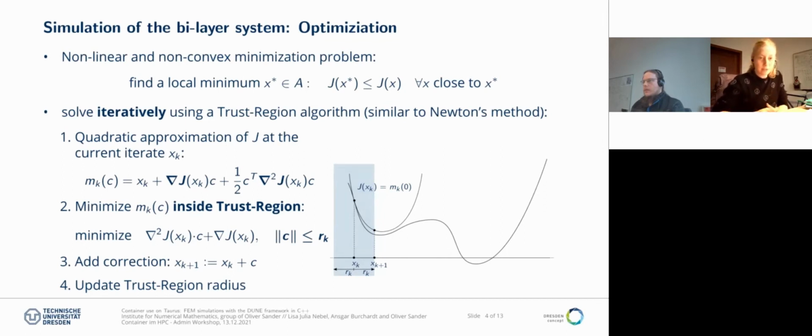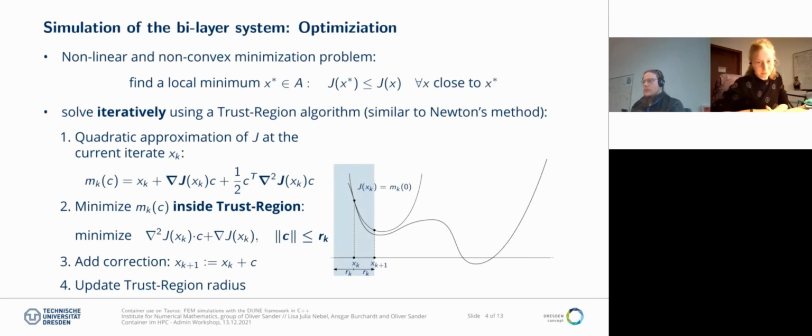So we start with an iterate, and then at the current iterate where we are, we do a quadratic approximation of the function and try to minimize this quadratic approximation instead. So in the picture here, you can see the function, which is kind of W-shaped, and then the current iterate, which is in the middle of the blue region, here denoted by xk, and then a quadratic approximation at the point xk.